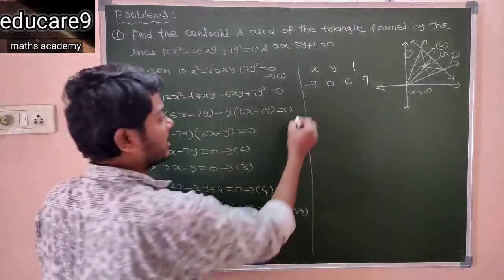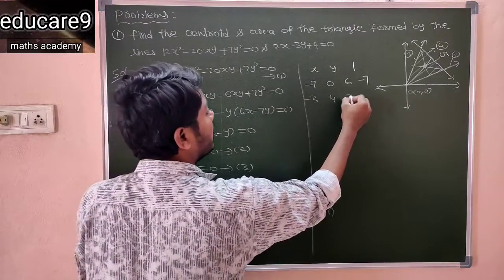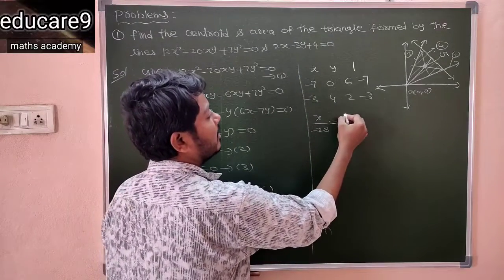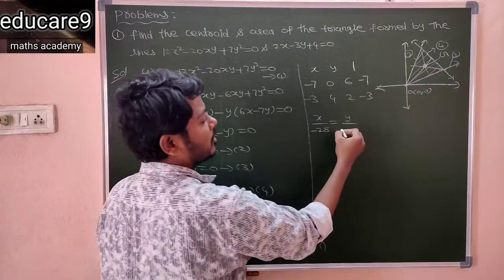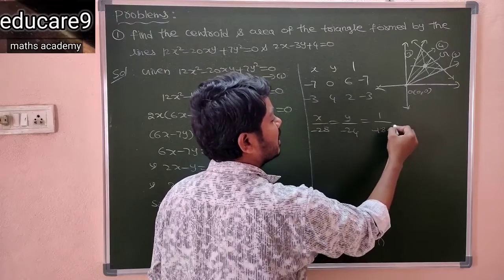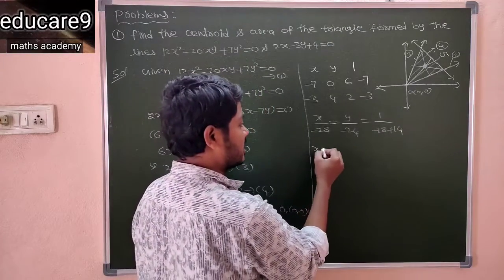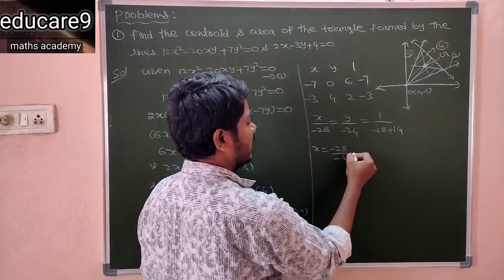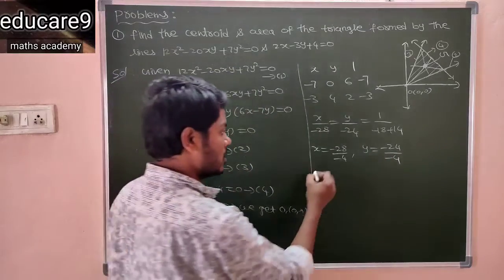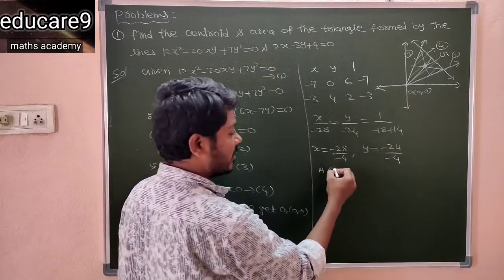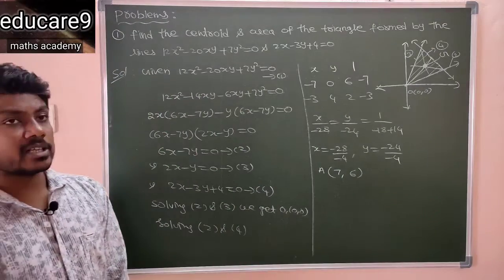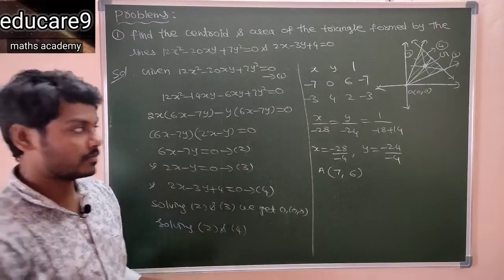Here, start from the second term: minus 3, 4, 2, minus 3. So this is x by minus 28, y by 0 minus 24, minus 24, and 1 by minus 18 plus 14. So clearly x is equal to minus 28 by minus 4, y is equal to minus 24 by minus 4. Therefore point A is 7, 6.